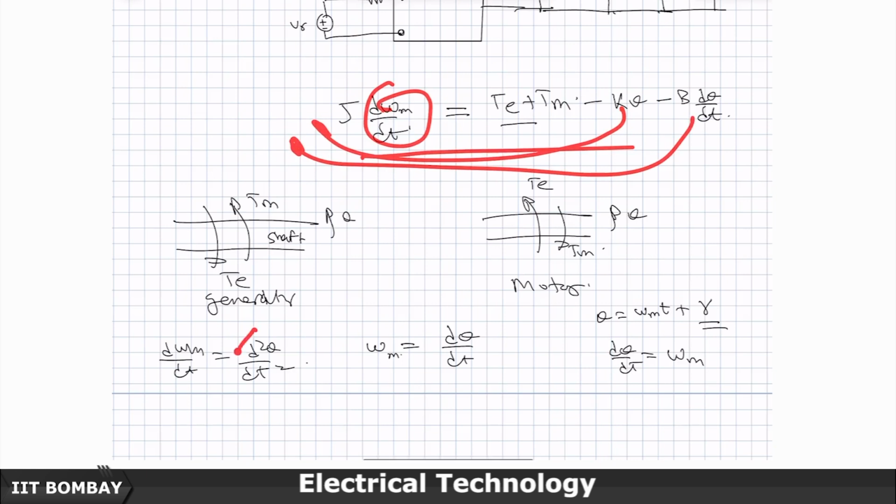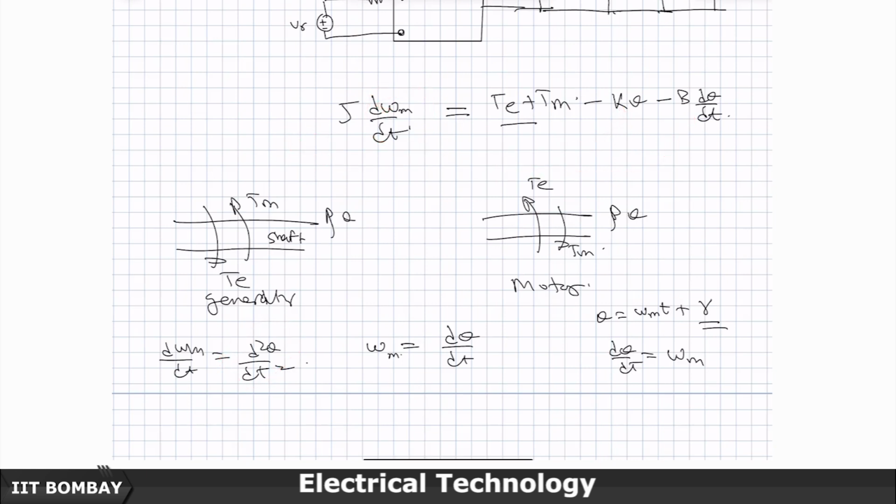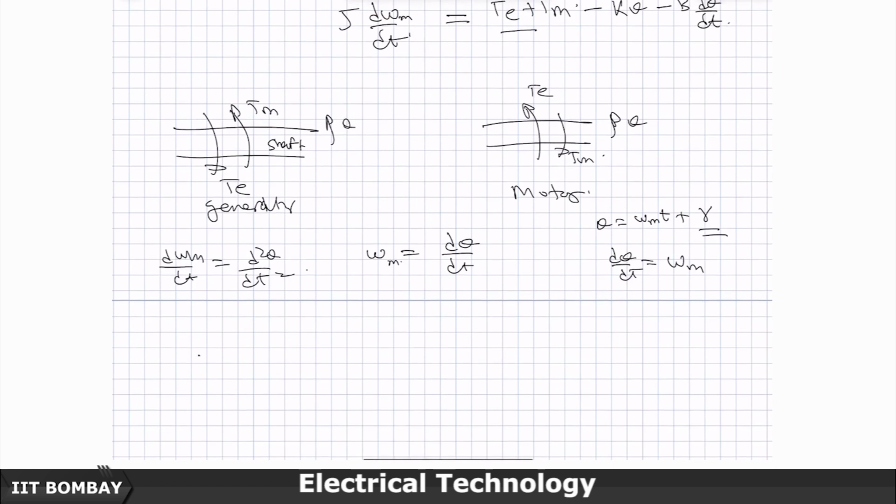This I can substitute by d square theta by dt square, and then this generic equation becomes J d square theta by dt square plus b d theta by dt plus k theta equal to Te plus Tm. So this is the mechanical equation.